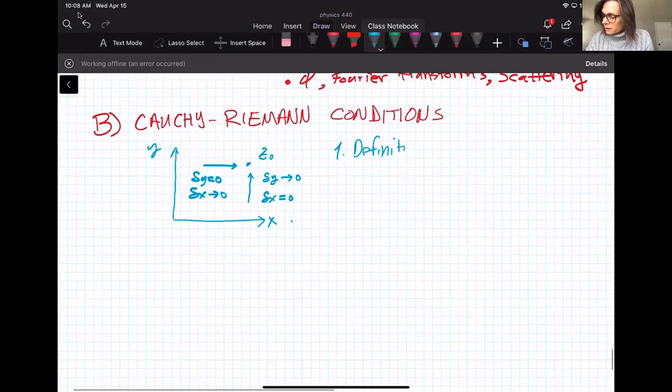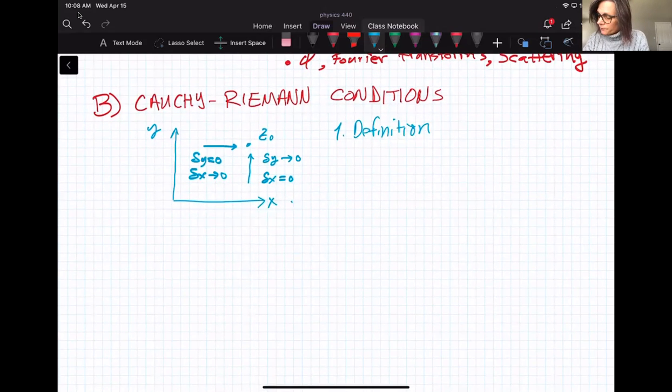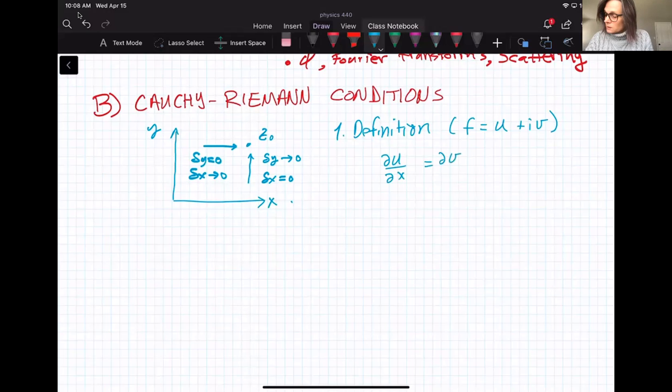The way we can write that is, we consider our complex function f equal to u plus i v, where u and v are real functions of x and y. For this to be true, the partial of u with respect to x is equal to the partial of v with respect to y, and the partial of u with respect to y is equal to the negative of the partial of v with respect to x.